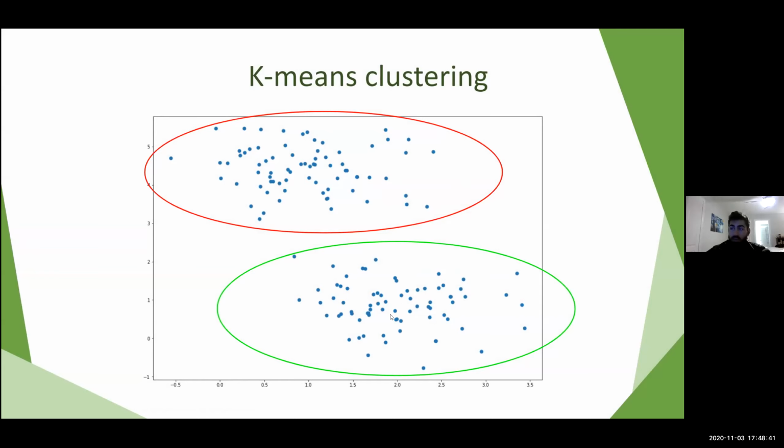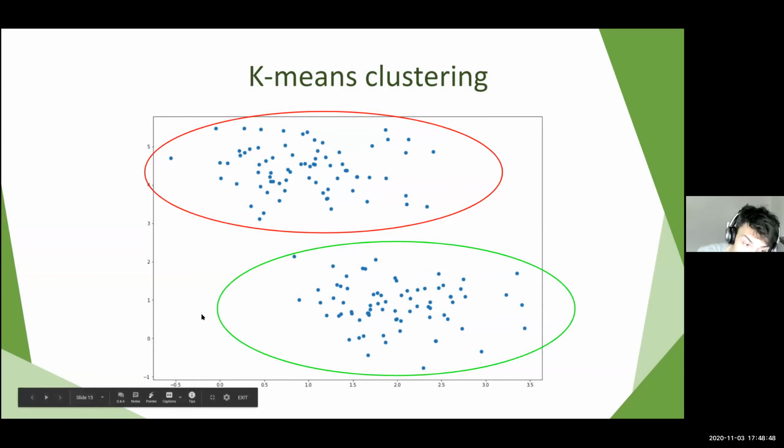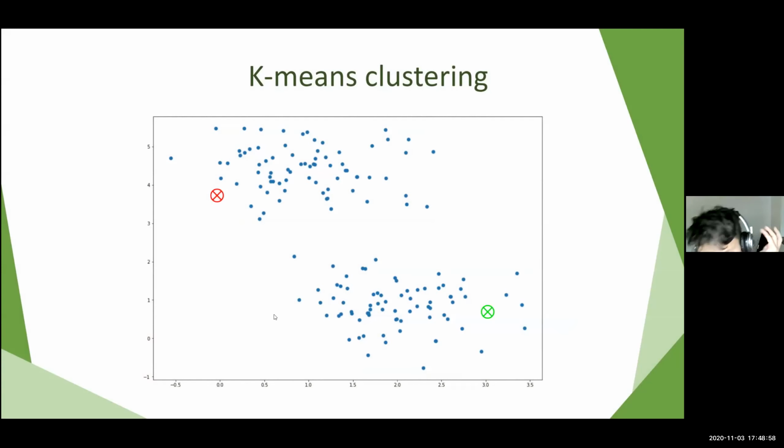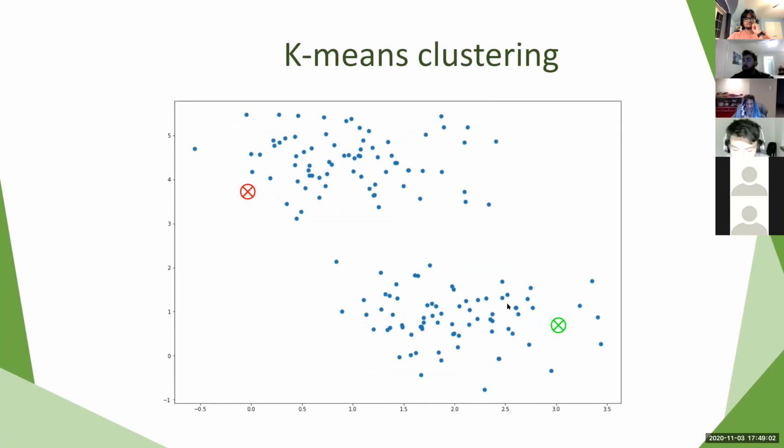But our task is to somehow get a computer to also understand that these two groups are distinct and to classify these two groups. How does this work? Well, first, we need to discuss how many clusters there are.